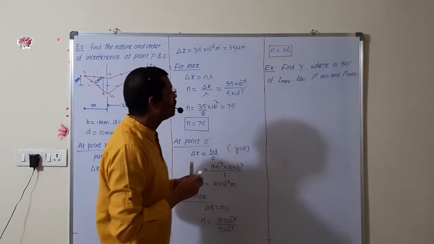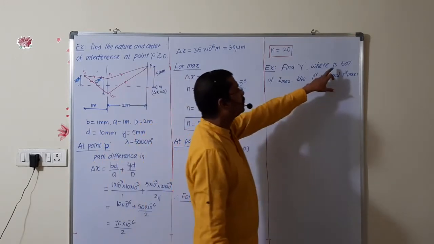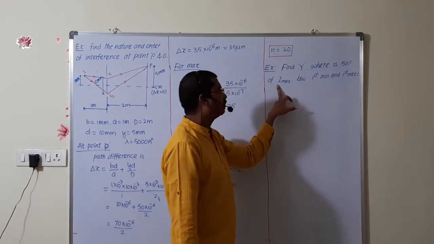Now here the intensity is given. The intensity is how much? 50% of I maxima.